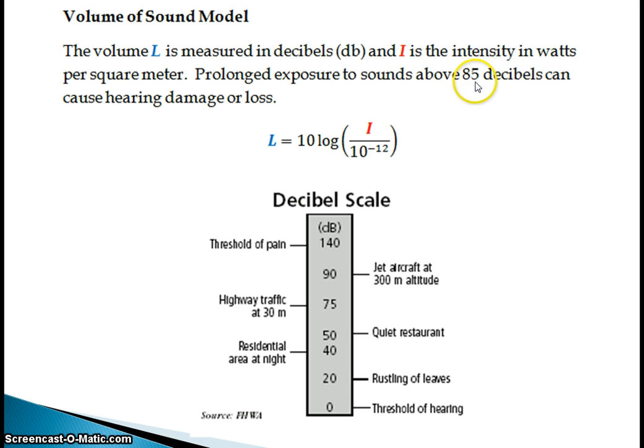Anything over 85 decibels can cause hearing damage or hearing loss. It's not important that you write down everything in this figure, but it is important that you note this formula and that you document L and I. Pause now and write down the important things on this slide.